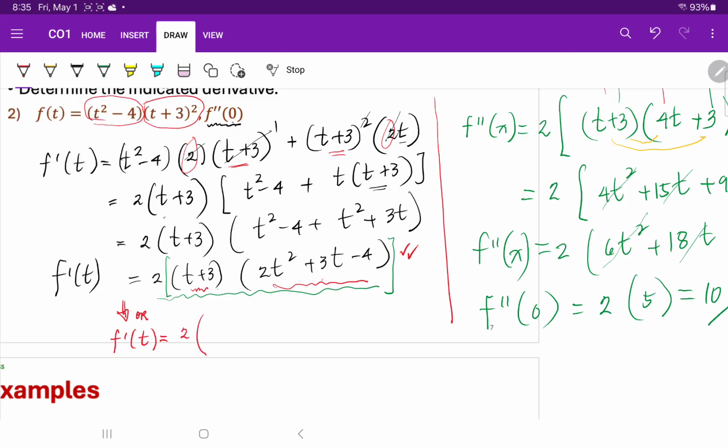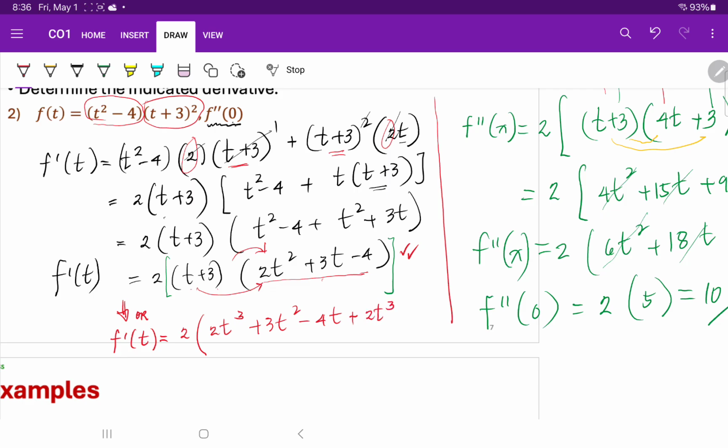Let's simplify by multiplying all the terms of the second term by t. So we get here 2t cubed plus 3t squared minus 4t. Then we distribute the 3.